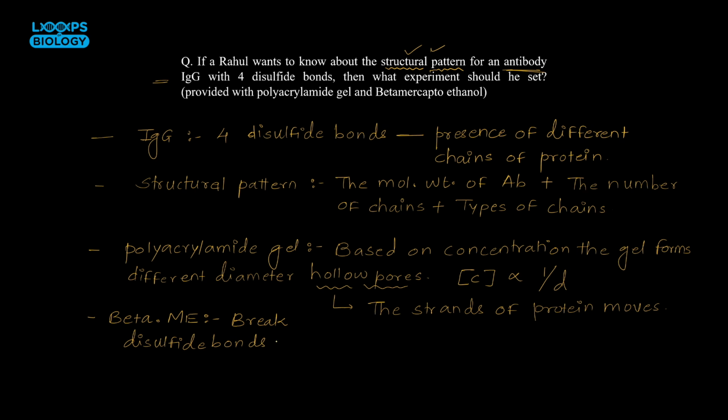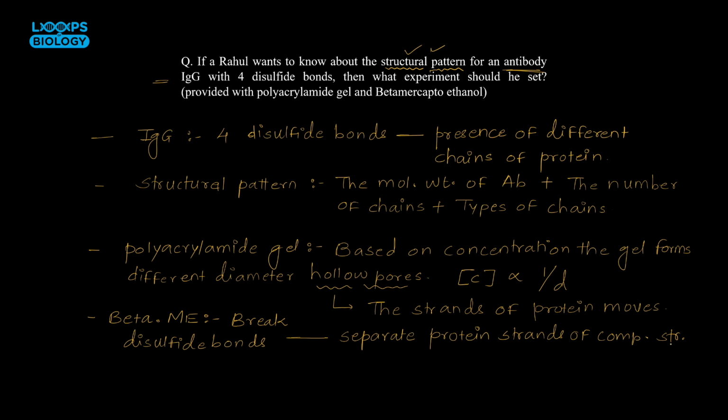Whenever I am going to break the disulfide bonds, that is going to separate all the strands of protein present inside it, right? So this breaking helps to separate protein strands of complete structure.